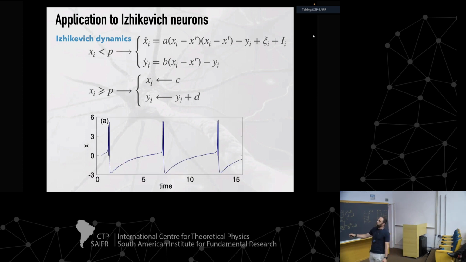This is the typical dynamics. Here, in this case, you see that p, the threshold value, is around 6, and the value c, the resetting for the x, is around -3, okay? So every time it reaches 6, it is reset to -3. And this is more or less one typical spiky dynamics of the Izhikevich model.